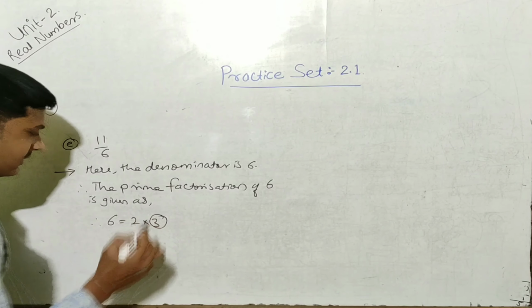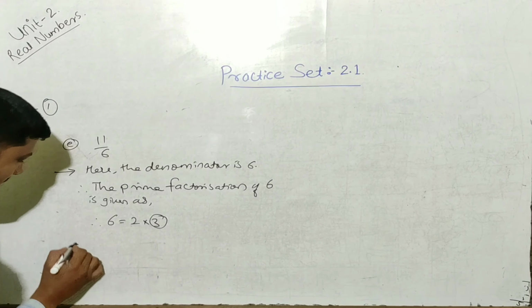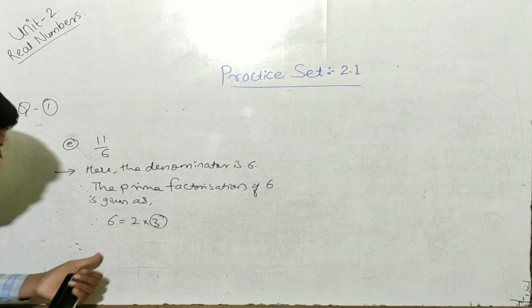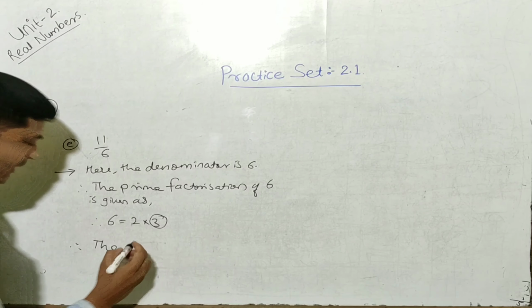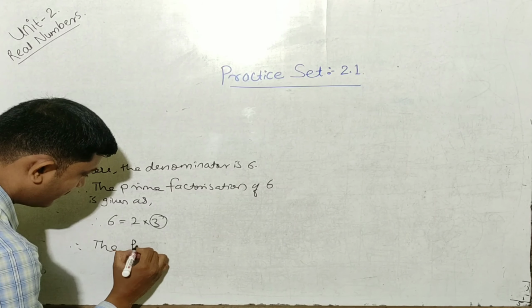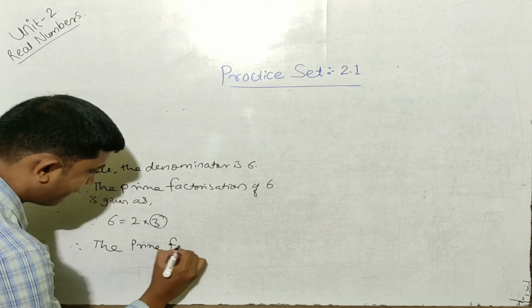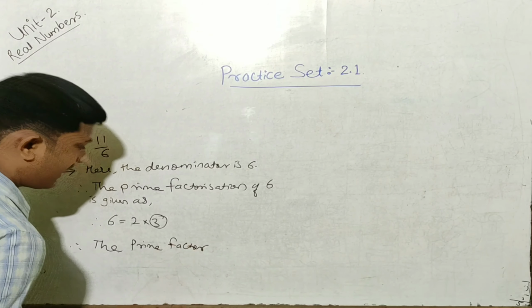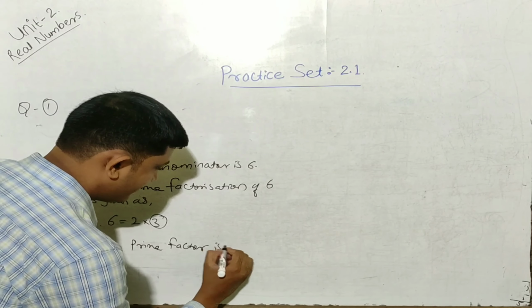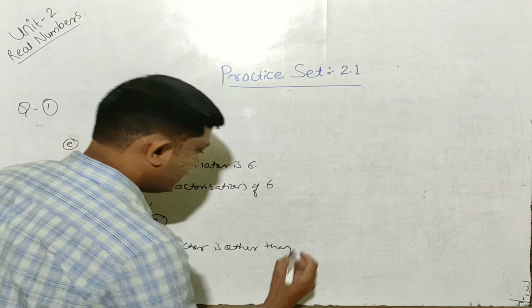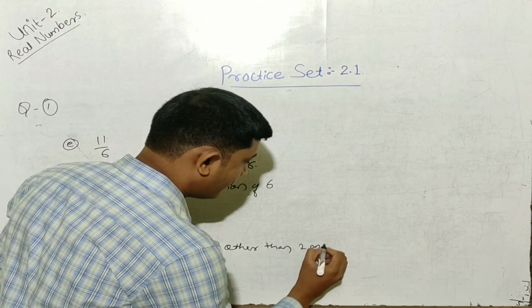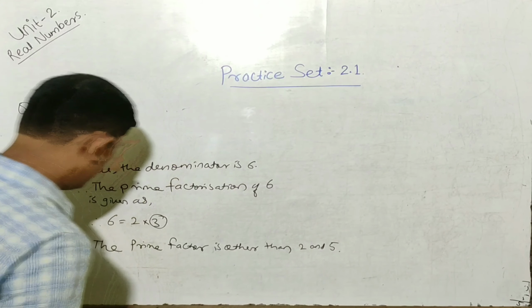Here 3 comes. Therefore the prime factor is other than 2 and 5.